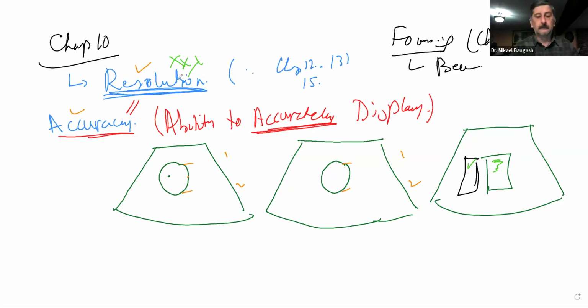Did you guys get that? So in case your scanning doesn't match or is not correctly displaying what the structure looks like, that's going to be a poor resolution, or we can say low accuracy. Did that make sense?